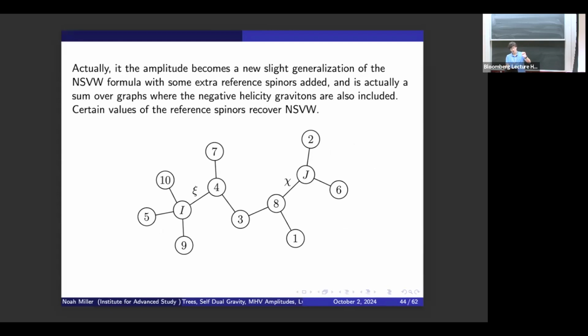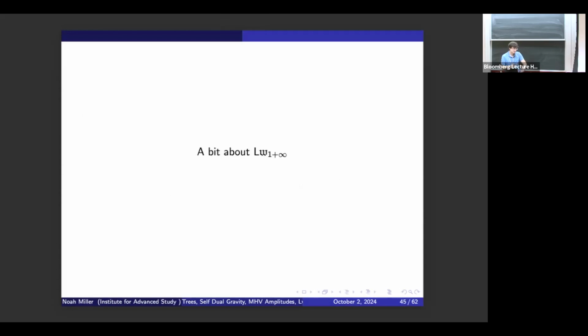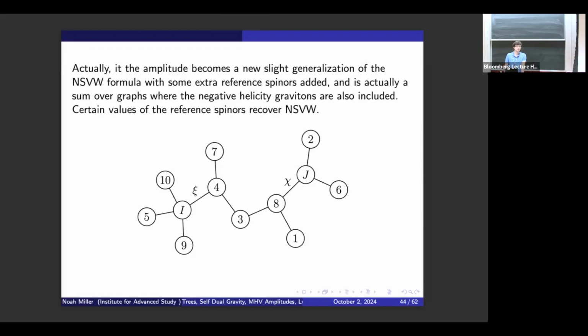For some particular value of these reference spinors, you recover the NSVW formula. It's interesting that you can get trees where you also have the negative helicity gravitons in there as well. I don't know of uses, but anyway. This dependence on the reference spinors disappears in the final formula. You can show the formula doesn't depend on them, then you take them to particular values and they go away and you get the NSVW formula.